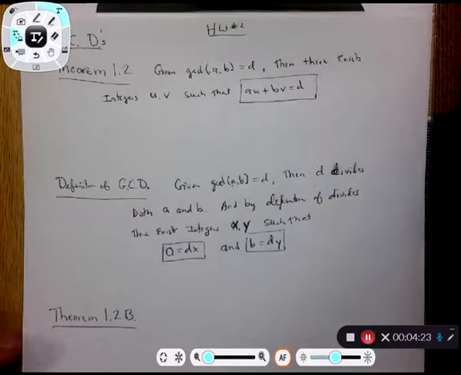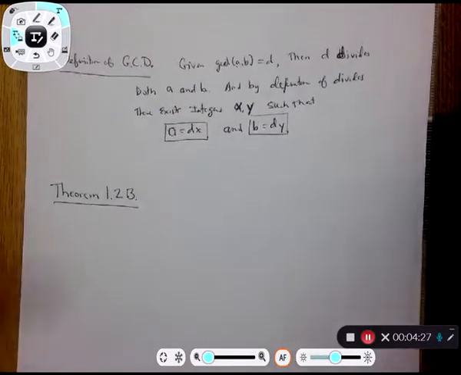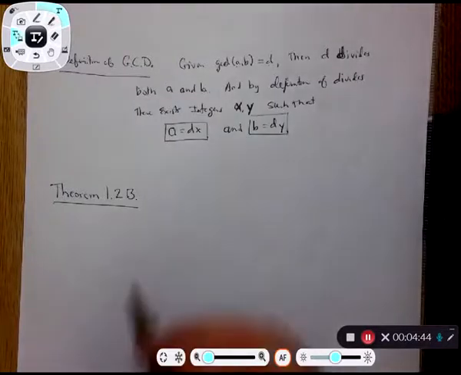Now, I also want to remind you of a slight theorem I put on one of my videos. I called it Theorem 1.2b. It dealt with the GCD of A and B being equal to 1, A and B being integers, and they're relatively prime. And it went like this.